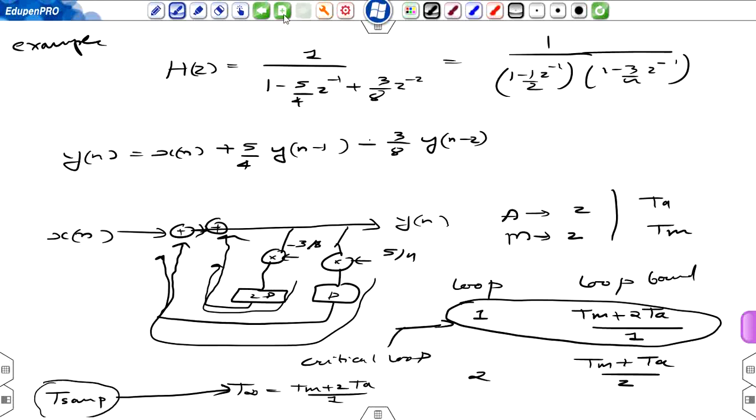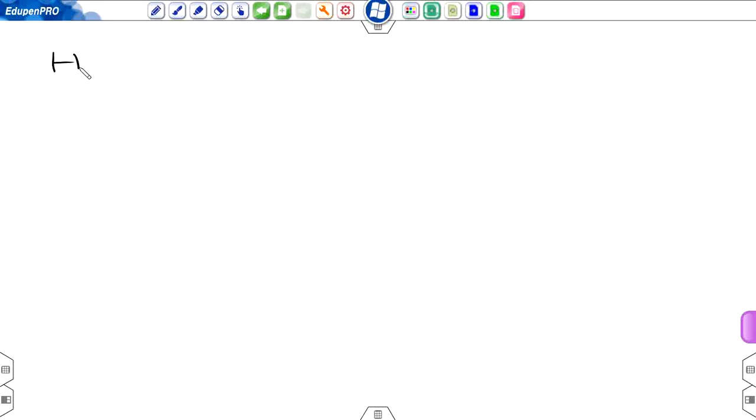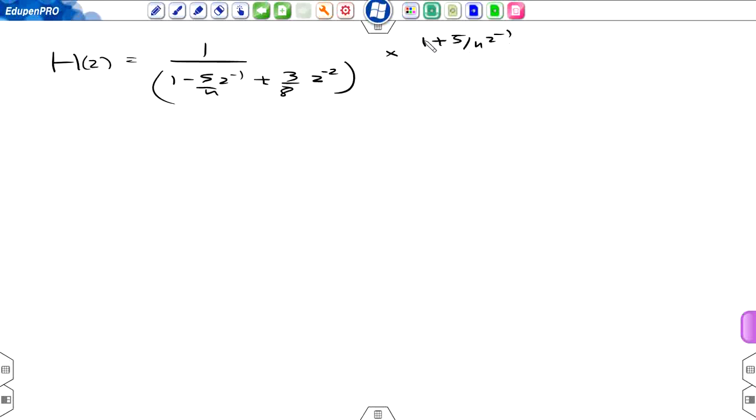This can be done by, if this is my transfer function H(z) given by 1 upon 1 minus 5 by 4 Z inverse plus 3 by 8 Z to the power minus 2, multiplying and dividing by 1 plus 5 by 4 Z inverse, the same coefficient with reverse sign.